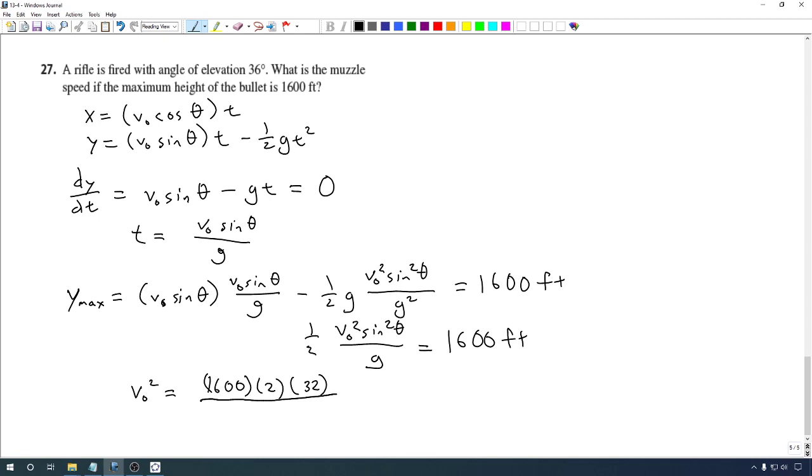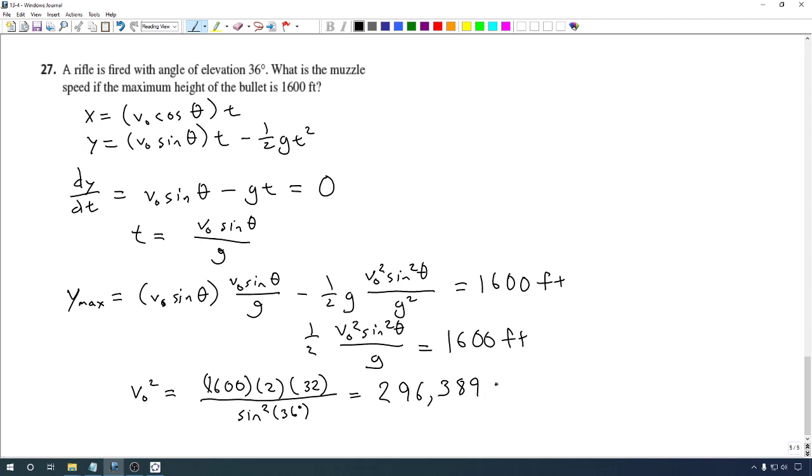And then we have to divide by the square of the sine of 36 degrees. Go ahead and plug that into a calculator, because why not? We get 296,389.